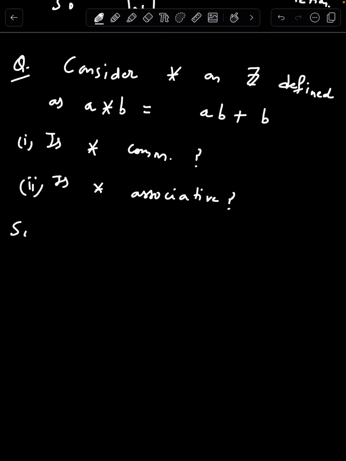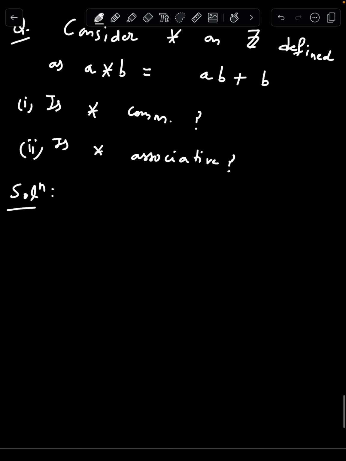Let's see. So, for commutativity, we should have A star B equal to B star A for every A, B in Z. So, take A equal to 2 and B equal to 1.